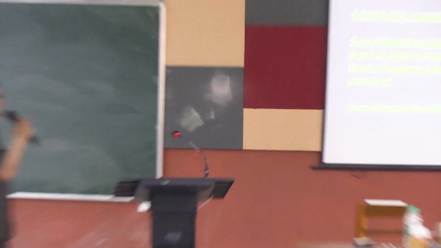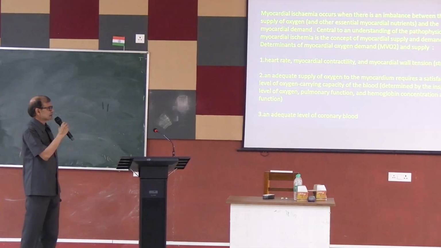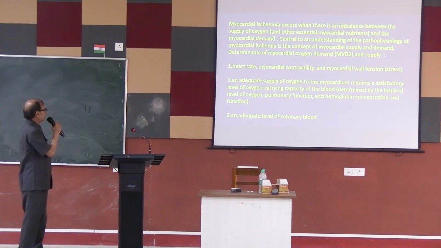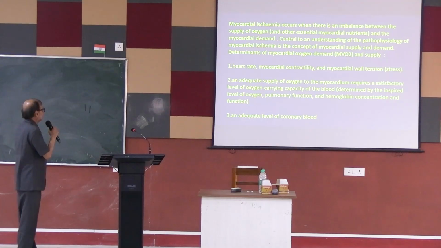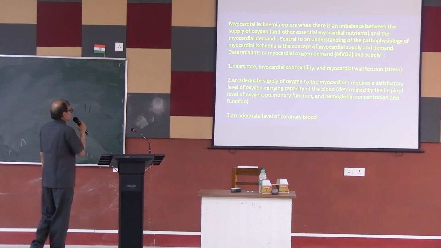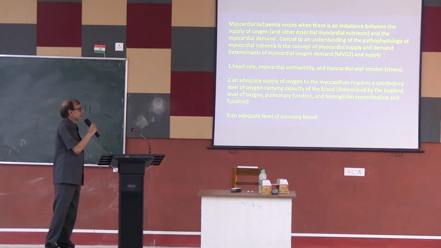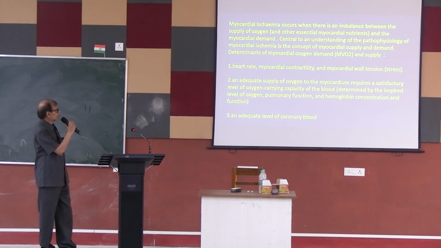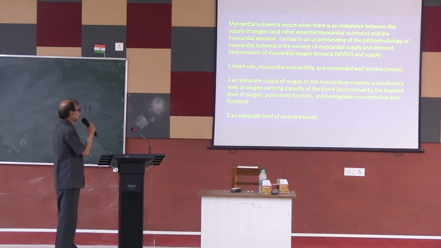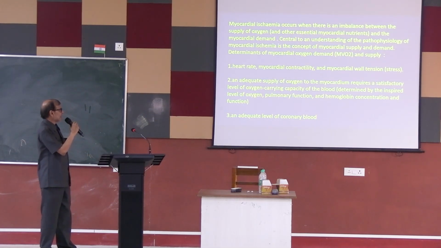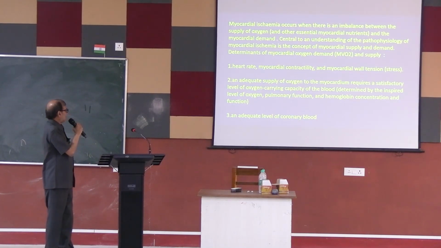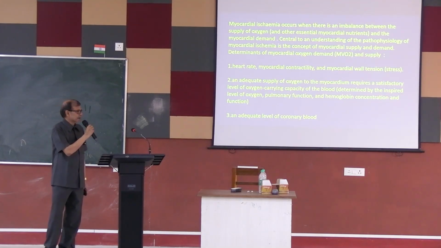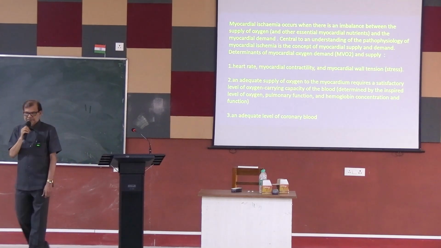Myocardial ischemia occurs when there is an imbalance between the supply of oxygen and other essential myocardial nutrients, and the demand. Central to an understanding of the pathophysiology of myocardial ischemia is the concept of myocardial oxygen supply and demand. The determinants of myocardial oxygen demand, MVO2, are heart rate, myocardial contractility, and myocardial wall tension.